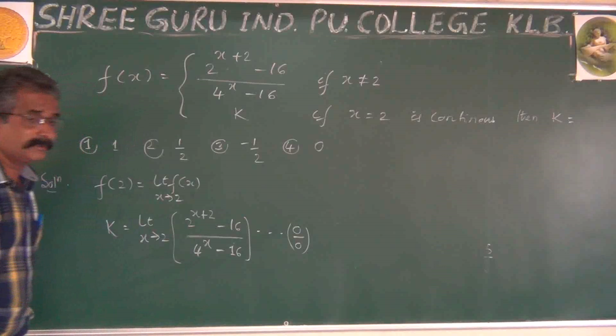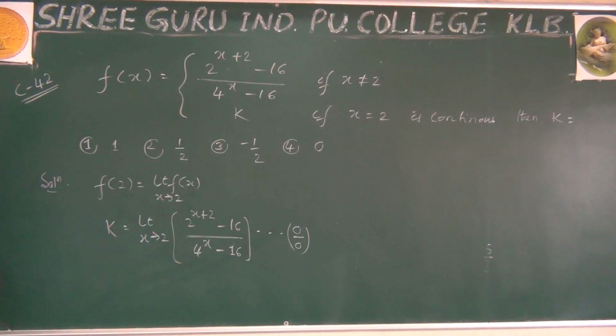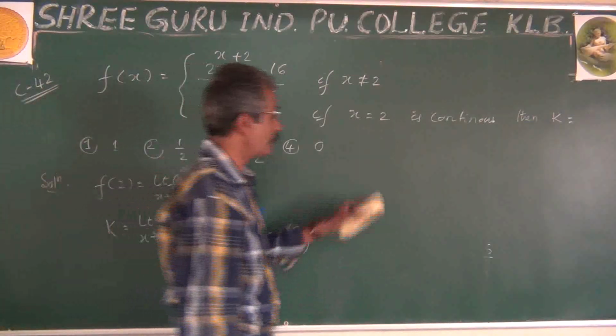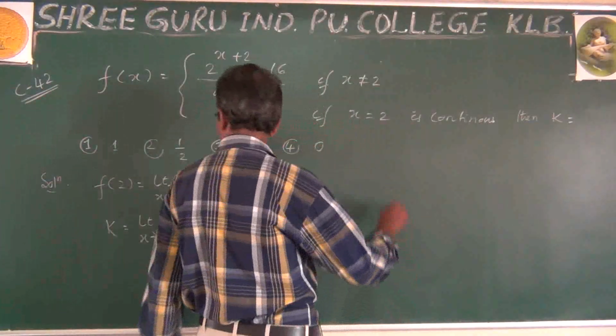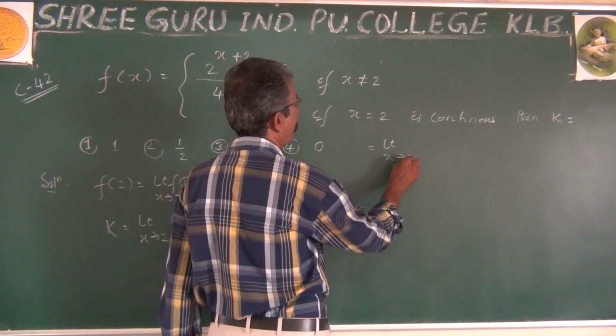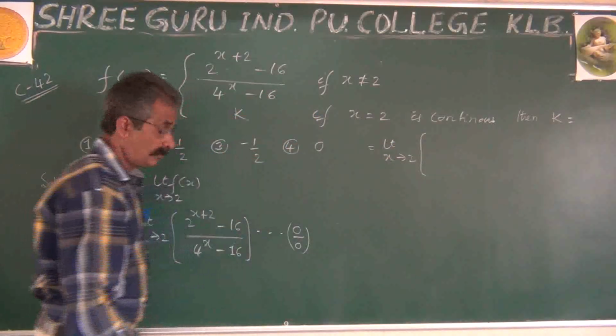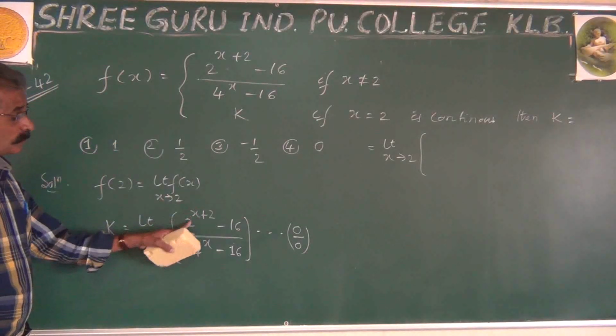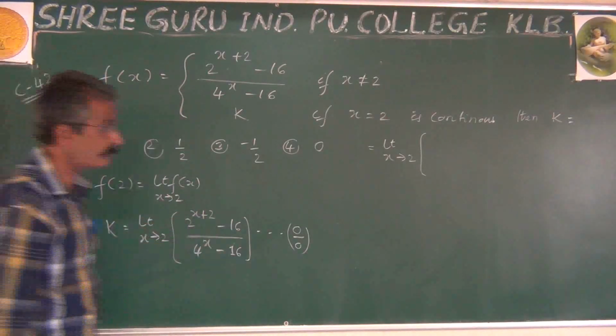So let's apply L'Hospital rule. Before that, if you want one more step, you can take it; if you don't want, don't take it. Limit as x tends to 2. 2 power x plus 2 means 2 power x into 2 power 2. 2 power 2 is 4.